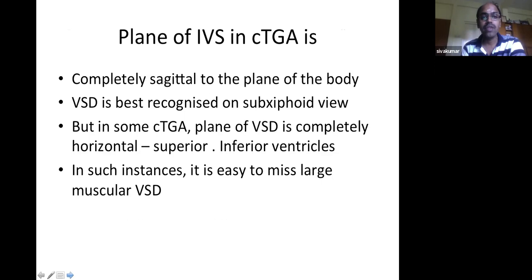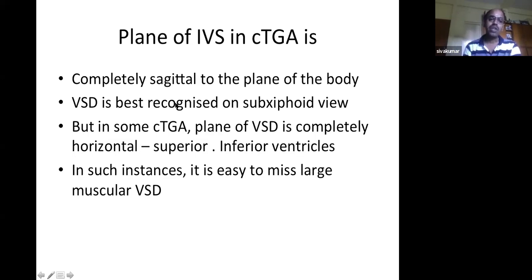Why? Because, as I explained, the plane of the interventricular septum is completely sagittal to the plane of the body. It's in the sagittal plane, and so these VSDs are not easily recognized in the conventional views.